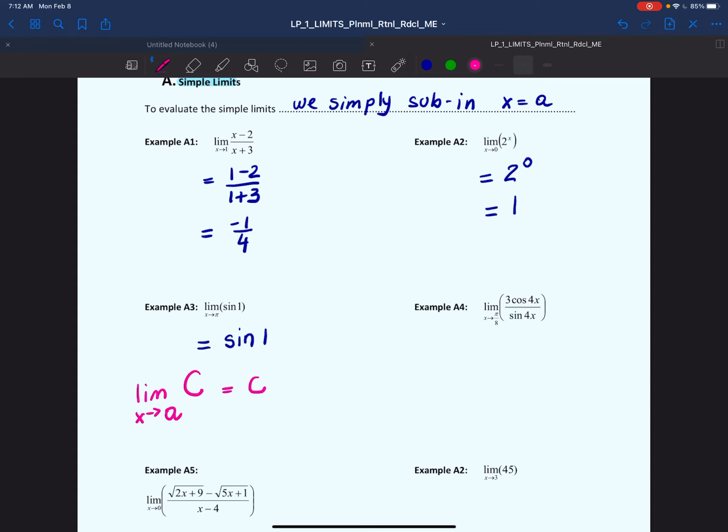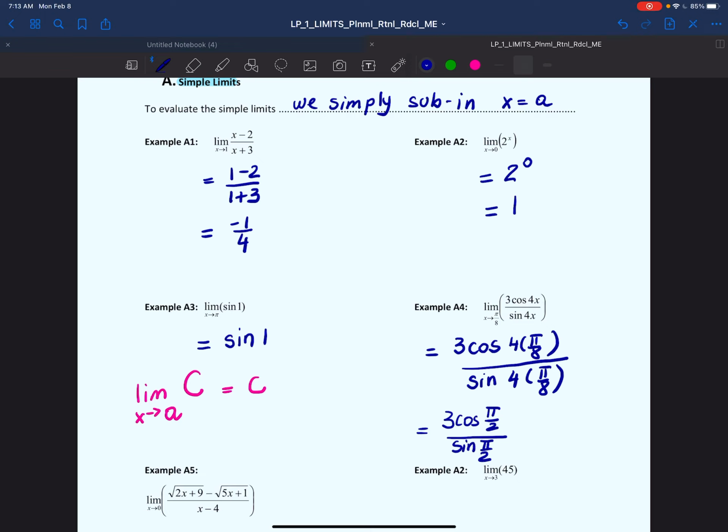Okay? Next question, the limit as x approaches pi over 8 of 3 cos 4x over sine 4x means 3 cos of 4 times pi over 8, divided by sine of 4 times pi over 8, which would equal 3 cos pi over 2 over sine pi over 2.